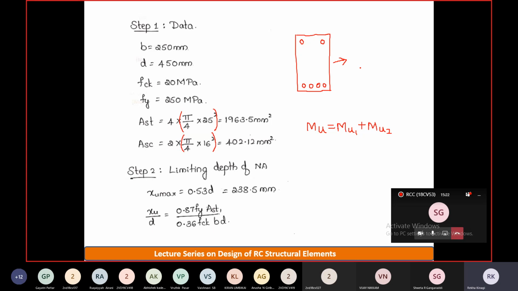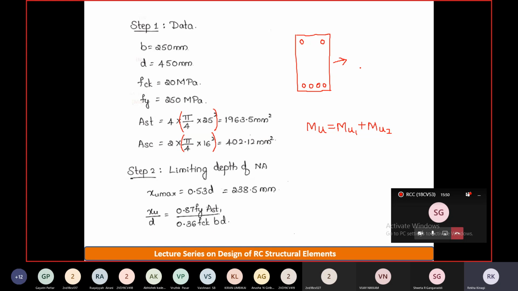So, in order to calculate Mu1, it is very similar to the calculations we have done for the singly reinforced section. That is, we are going to check the depth of neutral axis, whether the depth of neutral axis XU is less than XU limit, more than XU limit, or equal to XU limit.